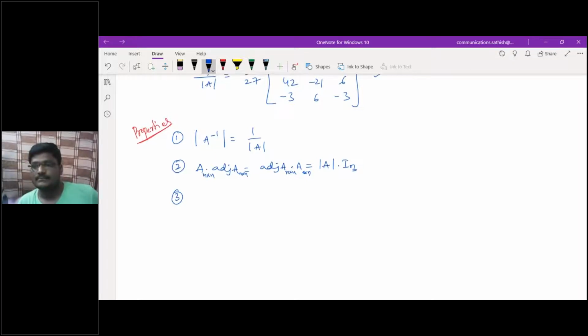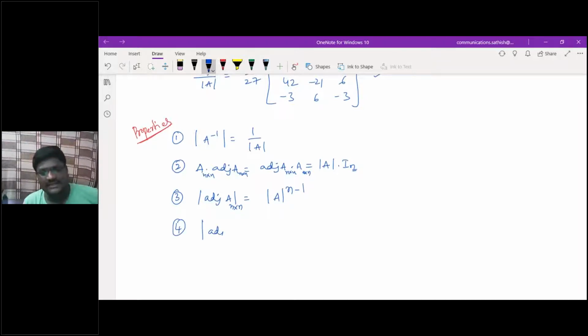Yes, sir. Next, the determinant of adjoint of A, if I want to calculate it, is determinant of A whole power n minus 1, where n is the order of the matrix. Similarly, adjoint of adjoint of A will be determinant of A whole power n minus 1 whole square.